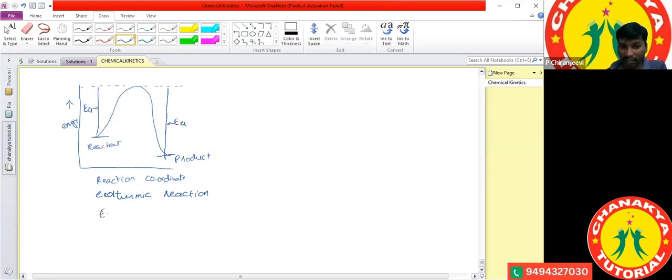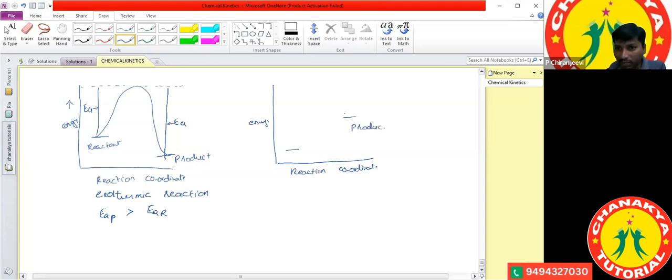With the same concept, if you write it in a reverse manner, here we take energy and reaction coordinates. Reactants I take here and products I take here.